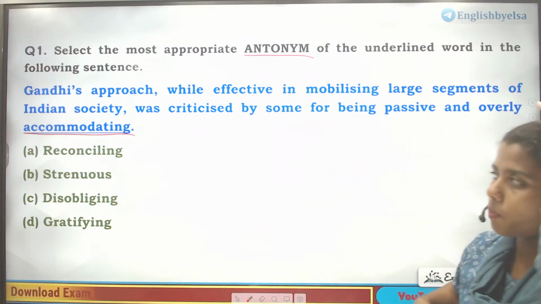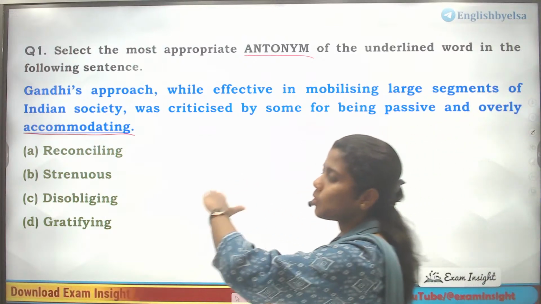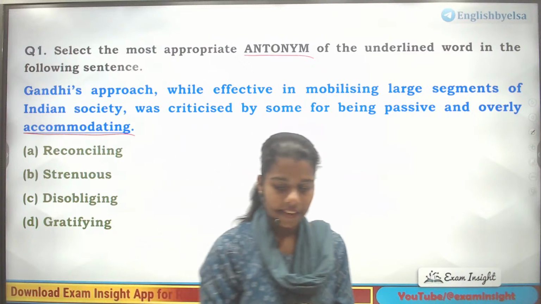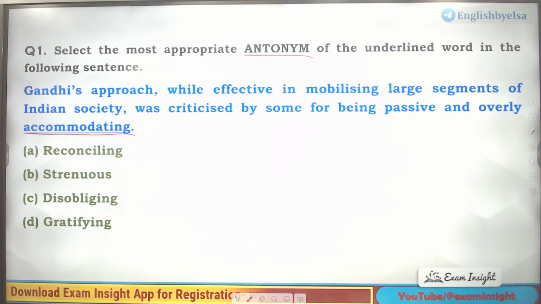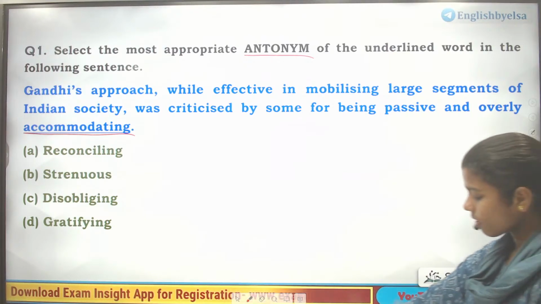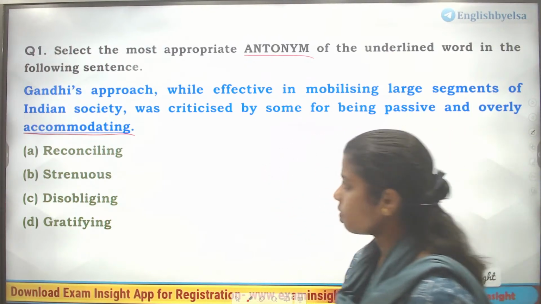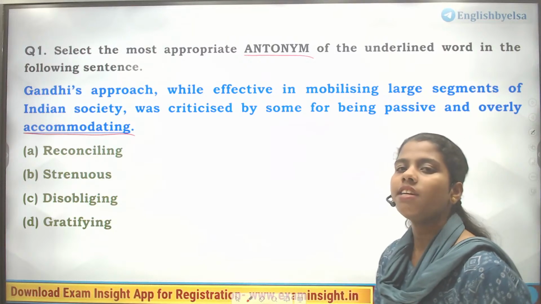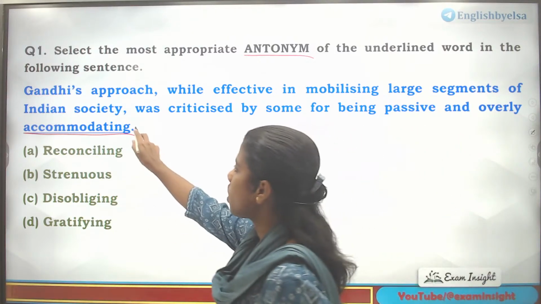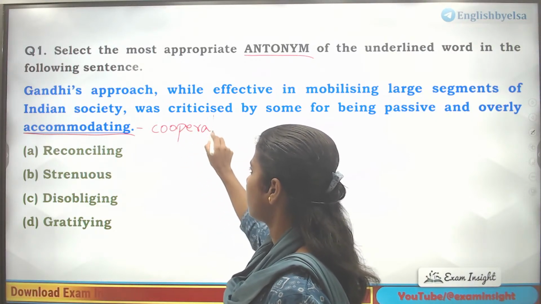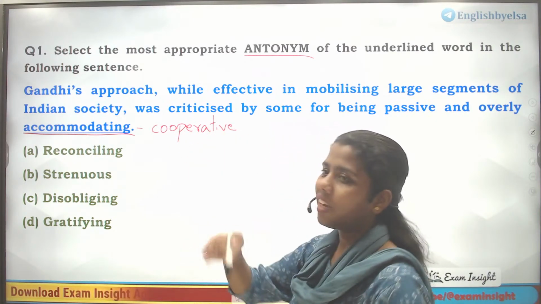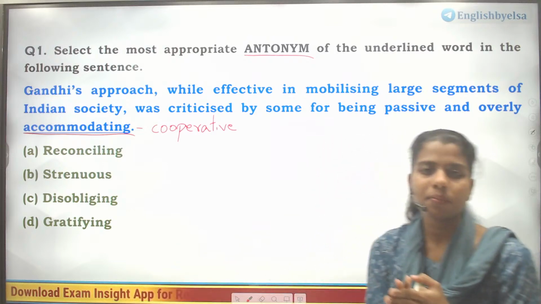Antonym means the opposite. For that, first you should know the meaning of accommodating. Let's say the meaning of accommodating in simple words is cooperative, willing to fit in somewhere.